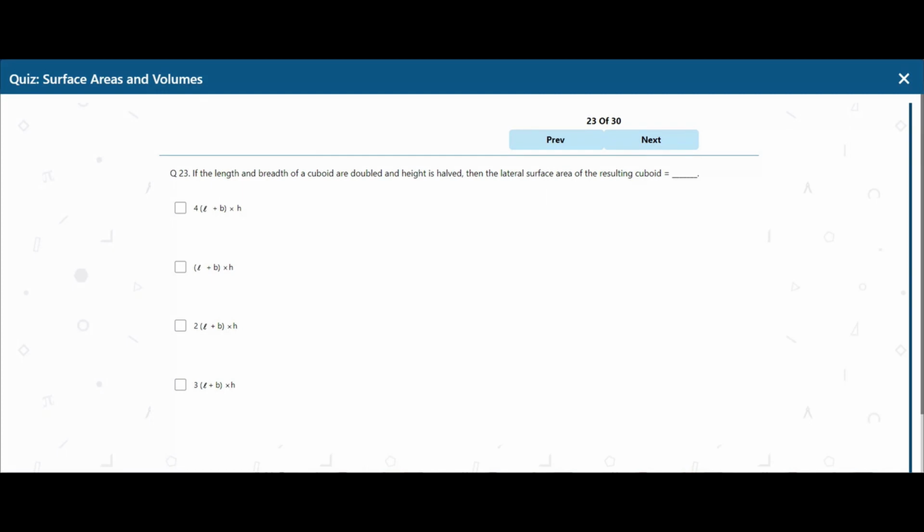L becomes 2L, B becomes 2B, H becomes H by 2. Option C, ma'am.